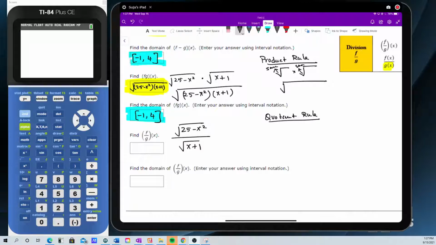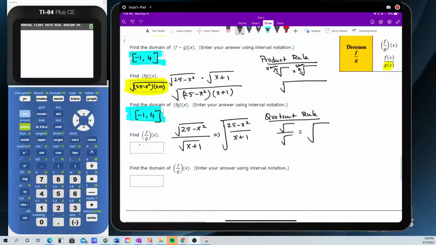That lets me, if I have things divided and if the index numbers are the same, then I can put them under the same radical sign. So if I apply that, this could be written as square root of 25 minus x squared over x plus 1. Only if I can factor the numerator and denominator, and there are common factors, I can eliminate anything. If not, this is my answer. And I cannot do anything here, so I would rather leave it like this.